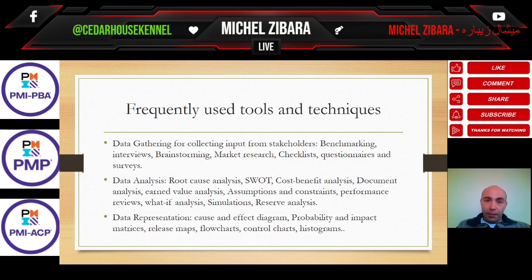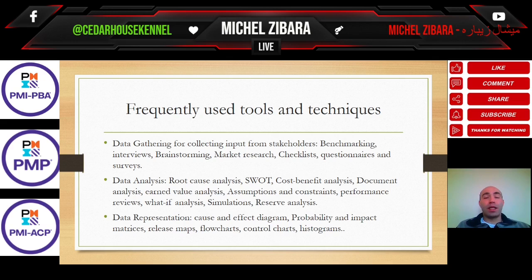Before we go through them, there are two presentations in my PMI PBA playlist. I'm going to insert the links to these presentations in the description box below. They have overlapping concepts with what I am presenting here.